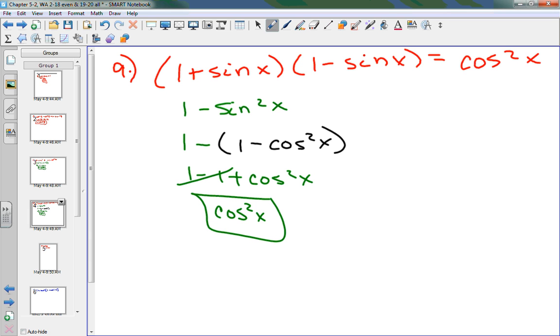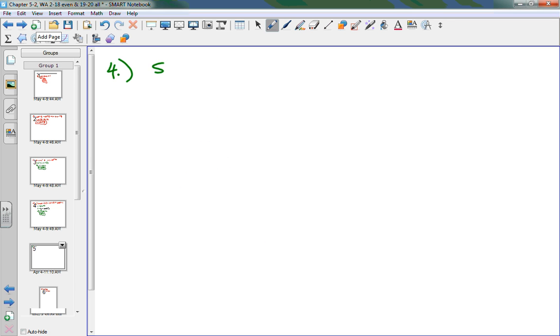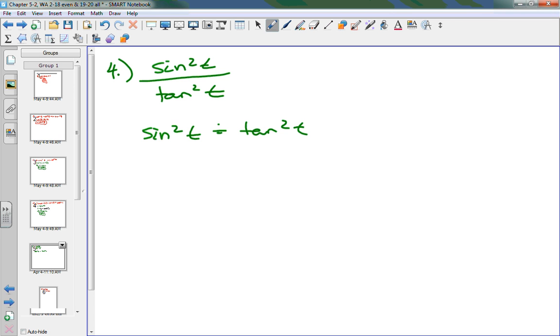Write everything in terms of sine and cosine. Pull it apart. You have sine squared divided by tangent. Write it horizontally. Sine squared of t divided by tangent of t.